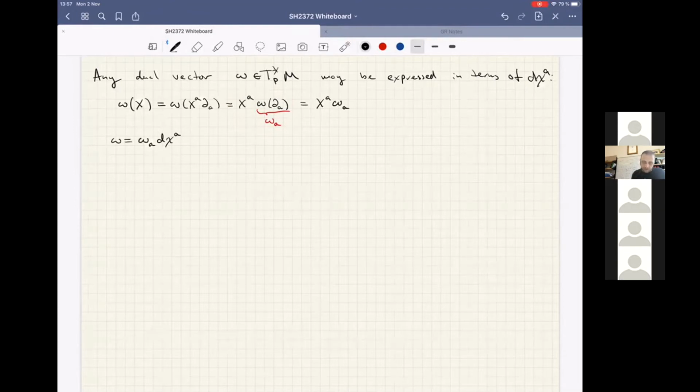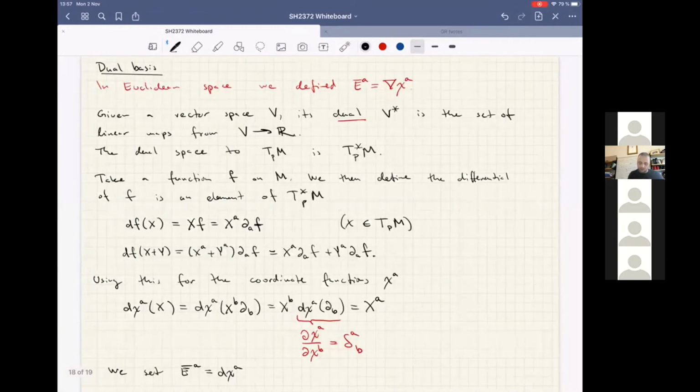We can see this if we insert this expression here, we can see that also. So if we take omega of x, it would be omega a d chi a acting on x, and we have already seen that this is omega a xa. That's just using what we had here.